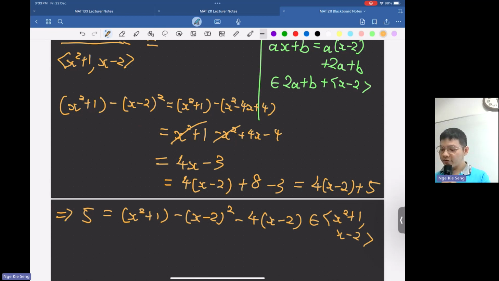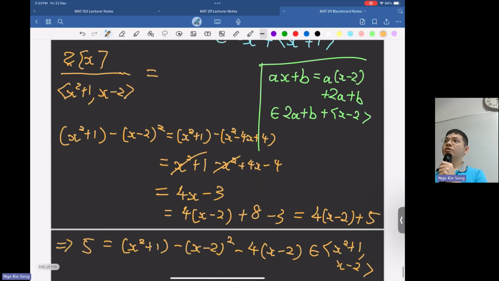Which means 5 is living in this ideal. So you don't just reduce to integers, you also kill the number 5. 5 is in the same coset as 0.